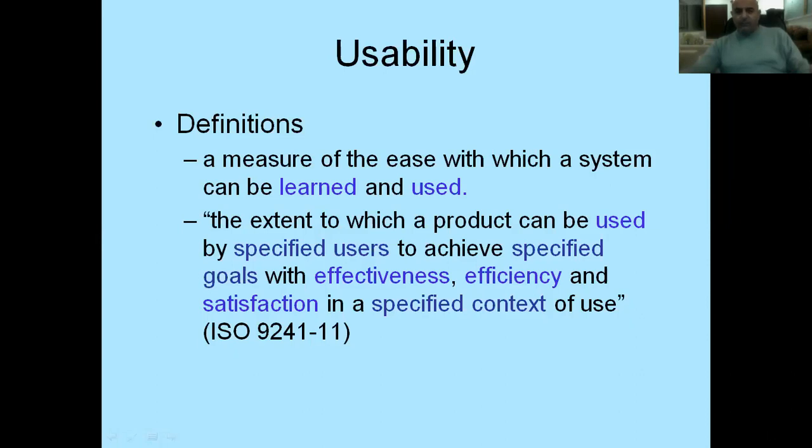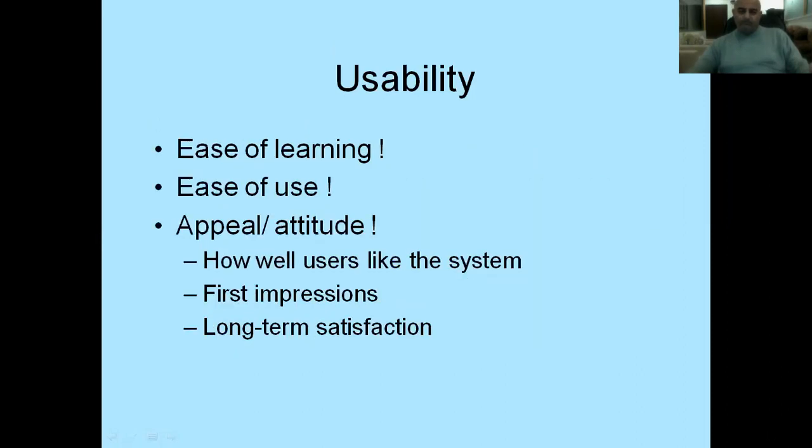Another definition: the extent to which a product can be used by specified users to achieve specified goals with effectiveness, efficiency, and satisfaction, which means there is confidence in the product in a specified context of use. This is another definition for usability.